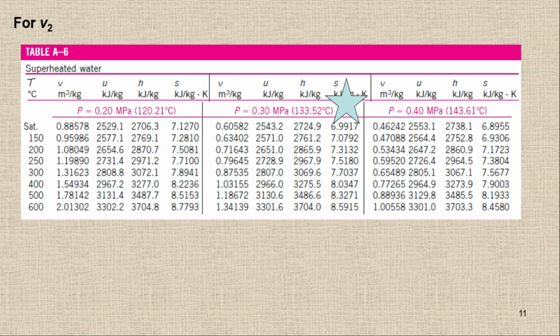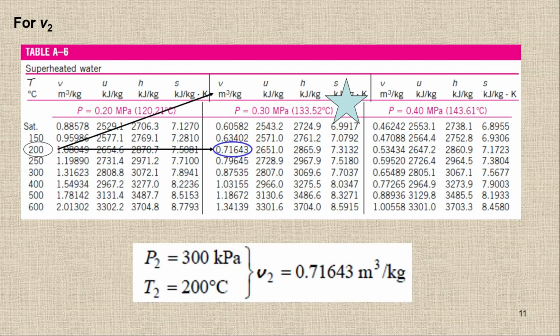The given temperature is 200, and we have to check the volume. The volume is 0.71643 meter cube per kg, using 300 kilopascal and 200 degrees Celsius from table A6.